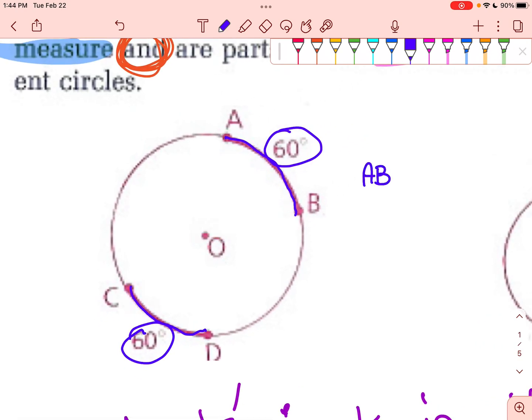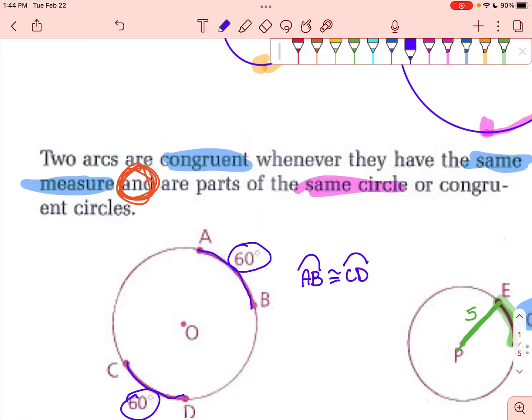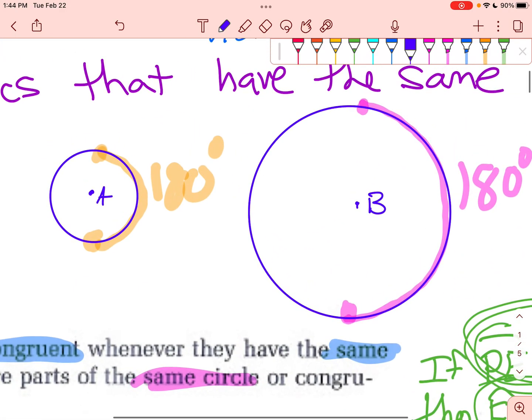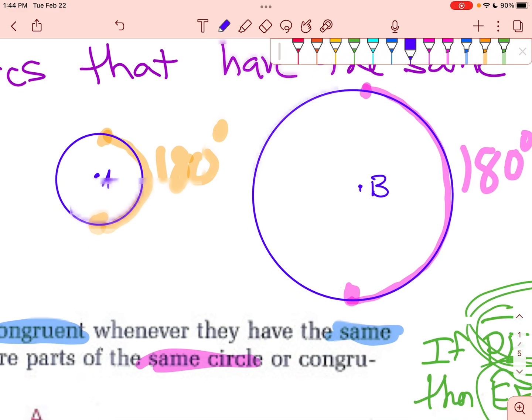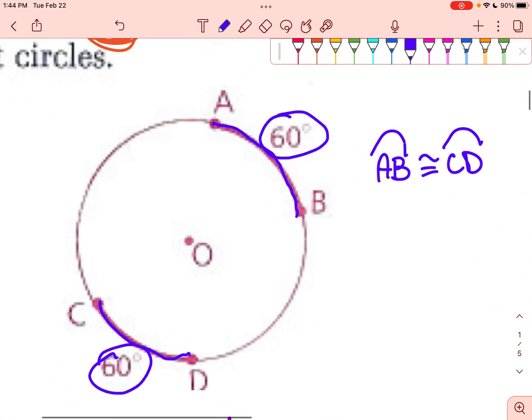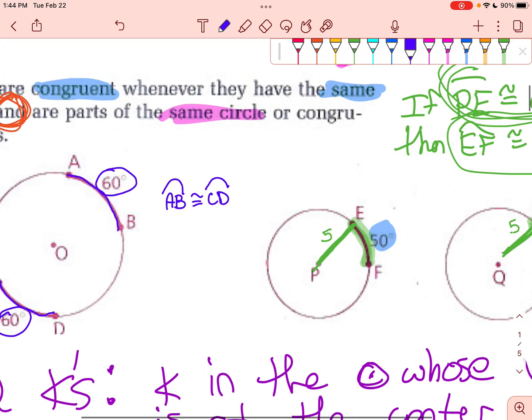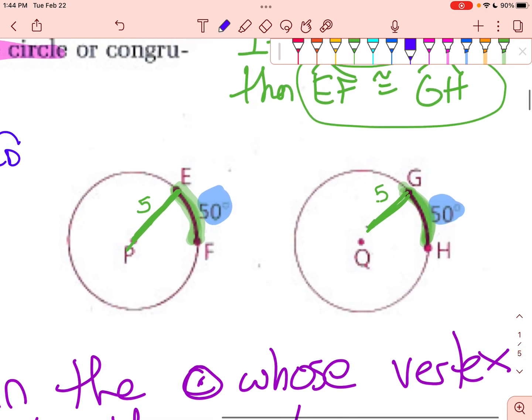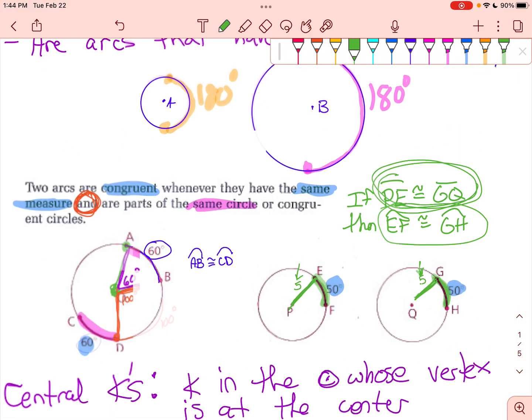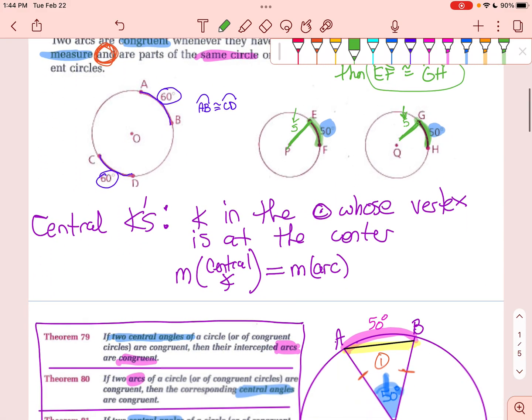So I can say that arc AB is congruent to arc CD because they're from the same circle, okay? These have the same measure, but they are not congruent. These have the same measure, and they are congruent. These have the same measure, and again, they are congruent because they came from congruent circles. Okay, so those 3 examples.